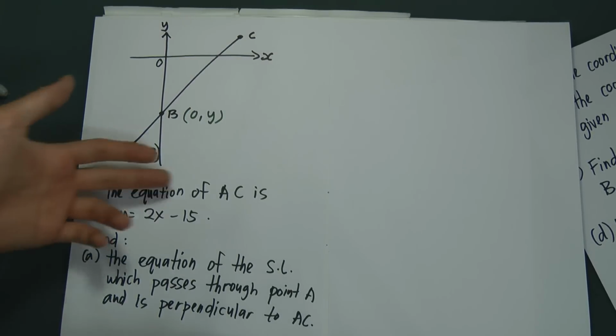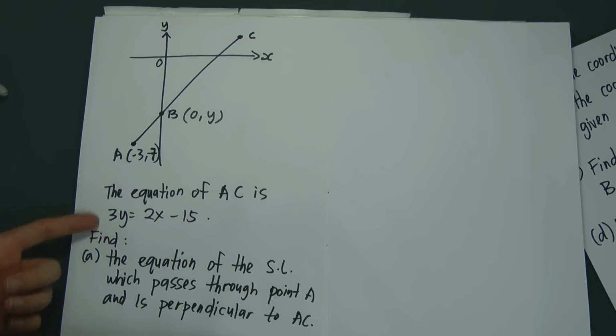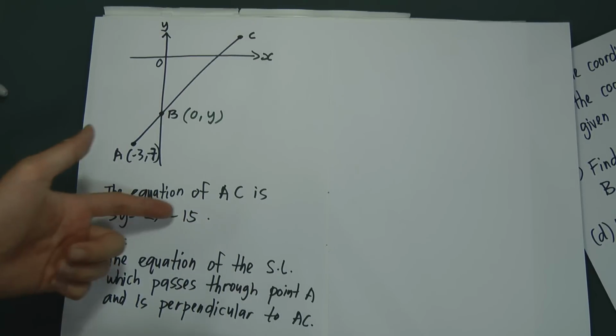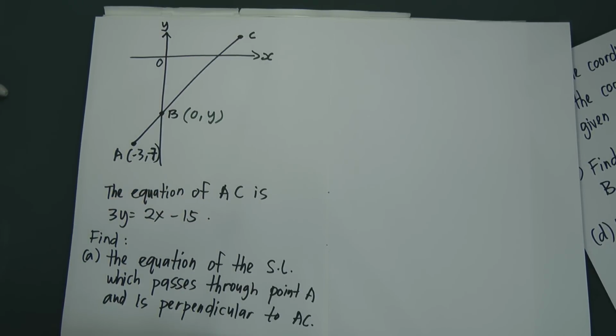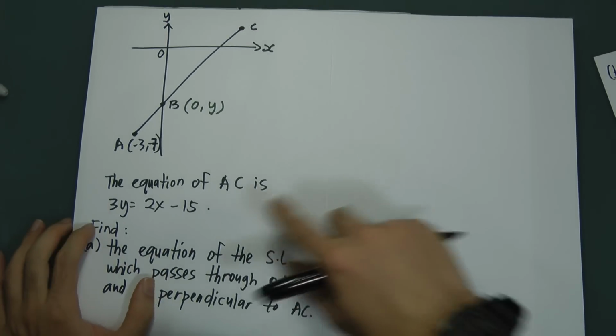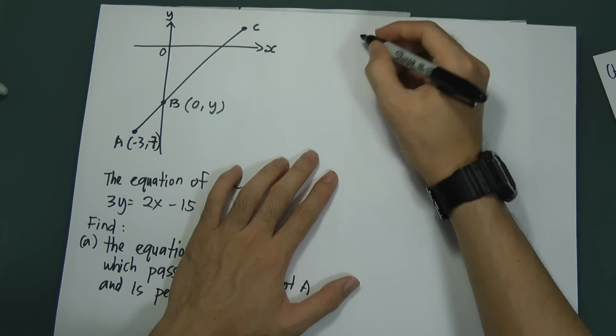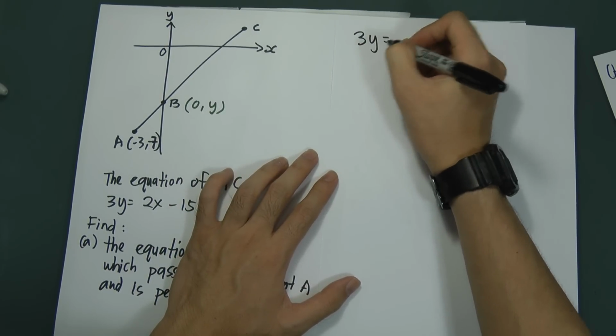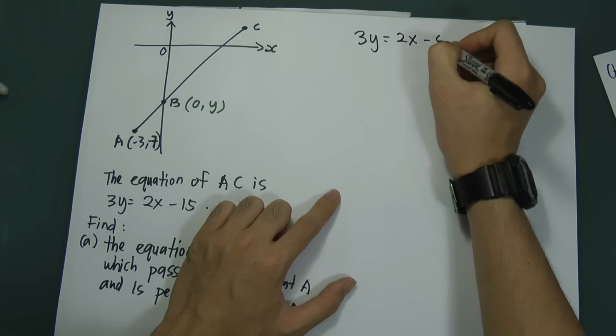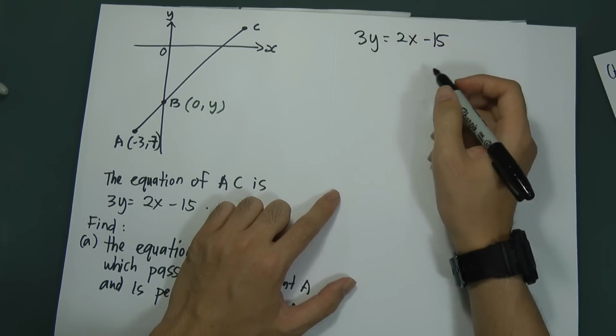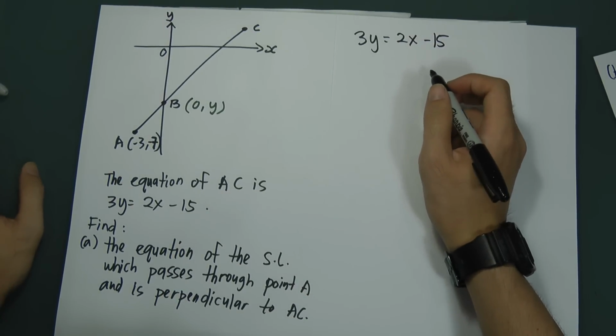And then he gives you the equation for the straight line AC: 3y = 2x − 15. Before I start to solve the question, whenever I see an equation like this, one very good habit is that I straight away change it to y = mx + c, because like this I can get the y-intercept and the gradient.